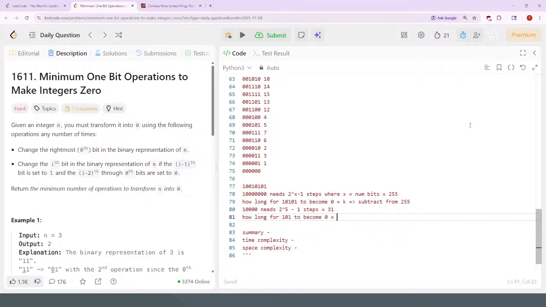Let's say that equals p. I subtract that from 31. So I know 100 requires 2 to the third minus 1 steps. So that's 7.